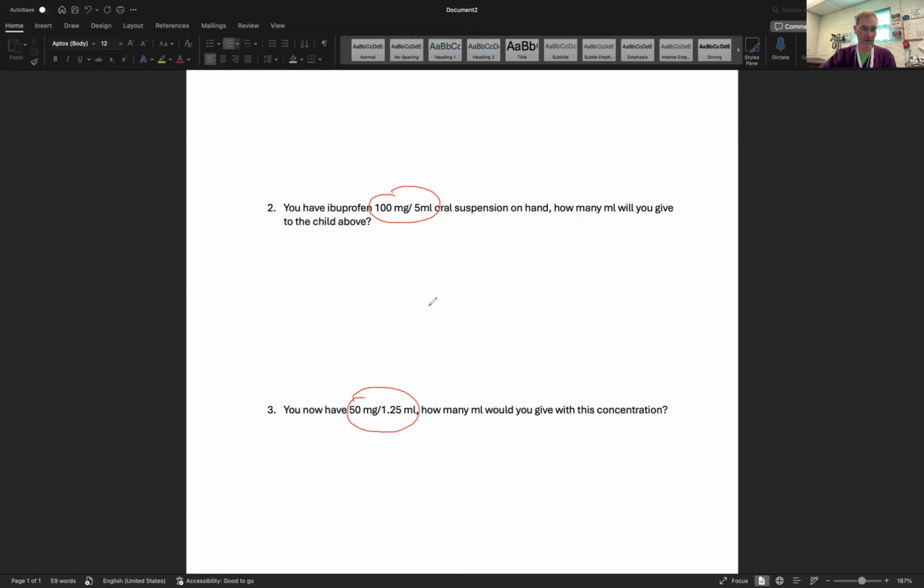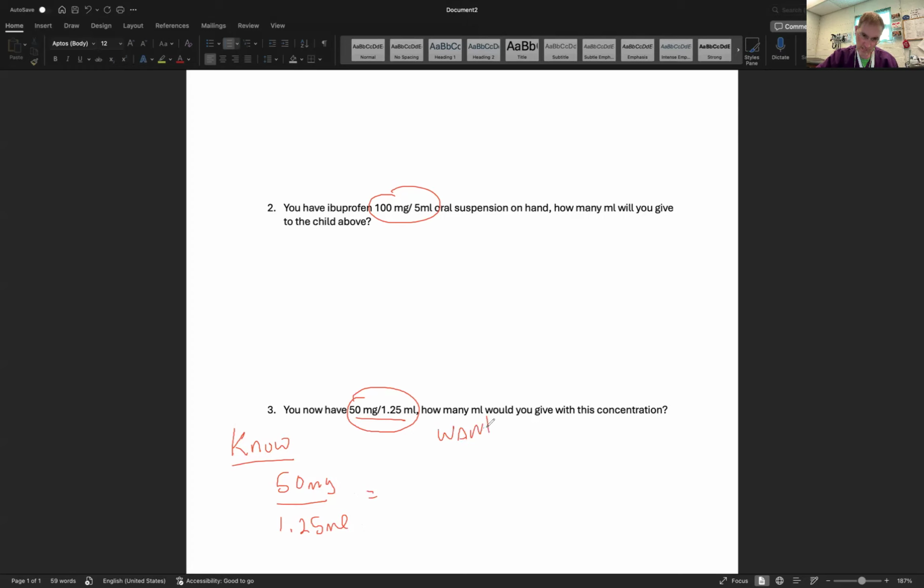So again, what do I know for a fact? I know for a fact that I have 50 milligrams of ibuprofen in every 1.25 milliliters of solution. And what do I want to know?